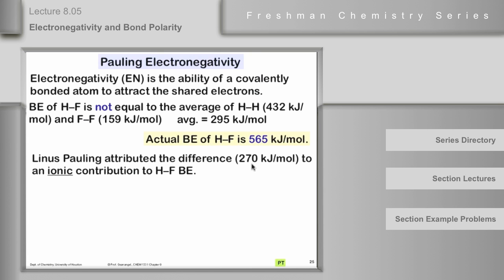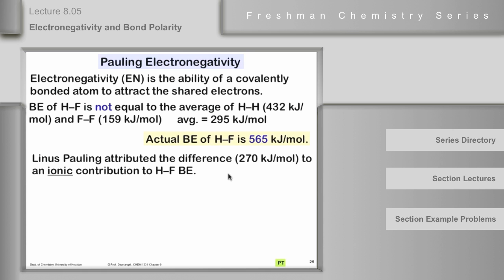And Pauling is about a difference of around 270 kilojoules per mole. Pauling said that amount of energy, or strength of the HF bond, is owing to the fact that it has a significant ionic contribution to its bond strength.